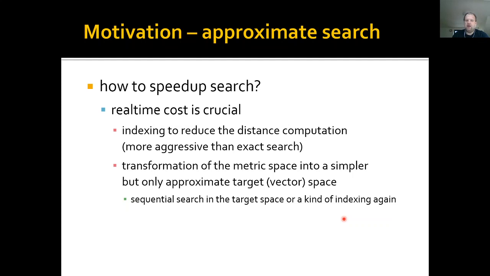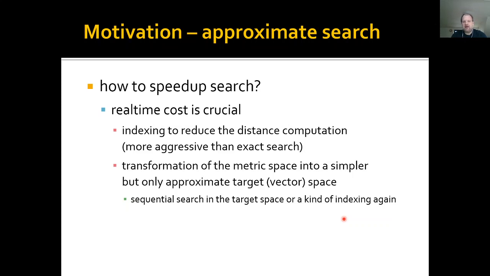That's one possibility. And the other possibility is more on the model level. Instead of resorting to some particular algorithm, we transform the problem on the high dimensional problem into some lower dimensional one. Now I talk about intrinsic dimensionality.